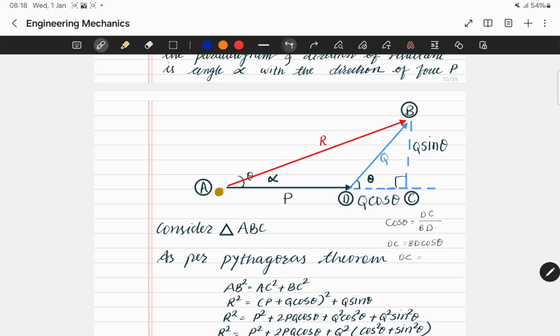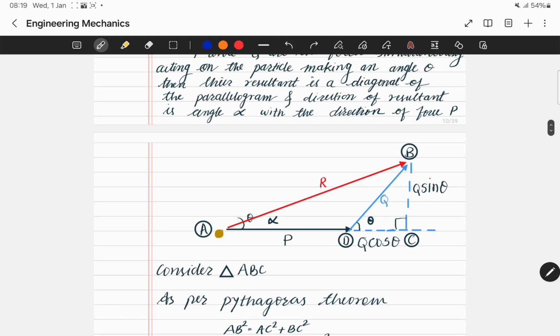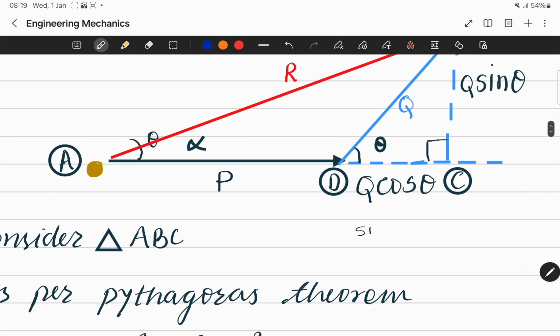Just like that, in the case of BC, sin theta is equal to opposite side upon hypotenuse.